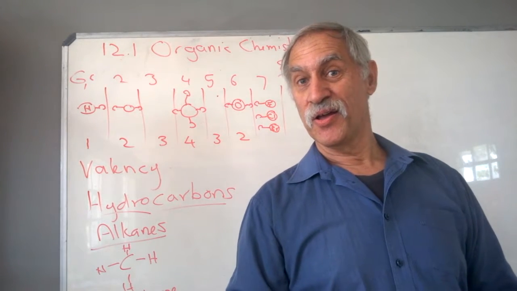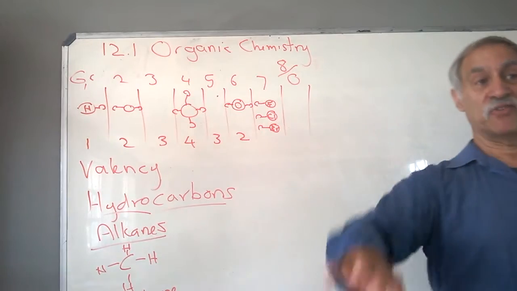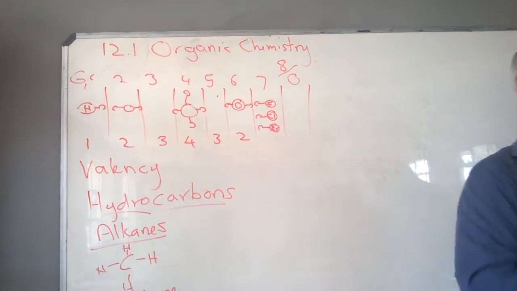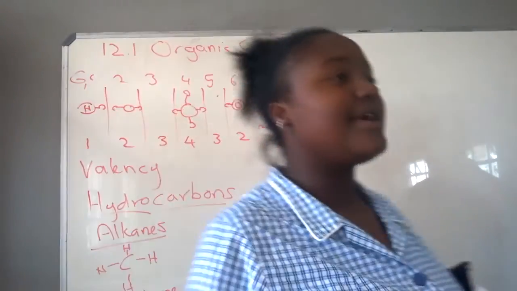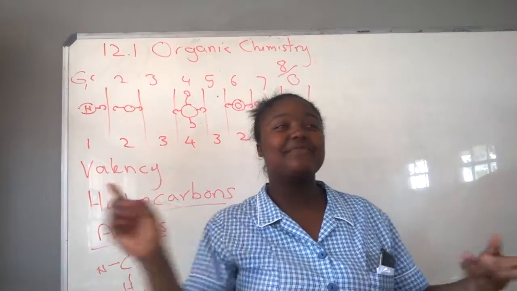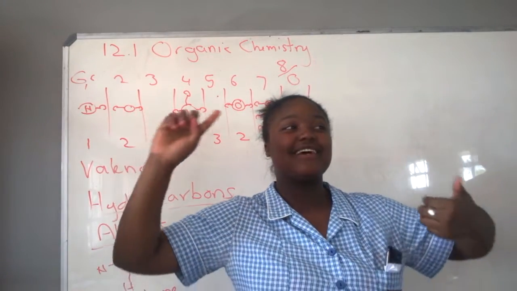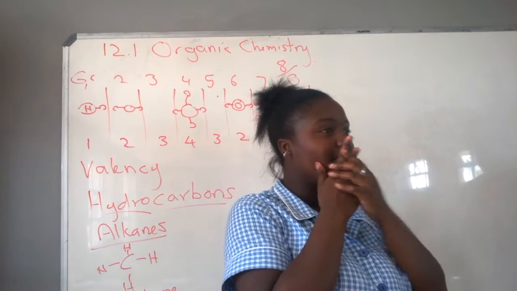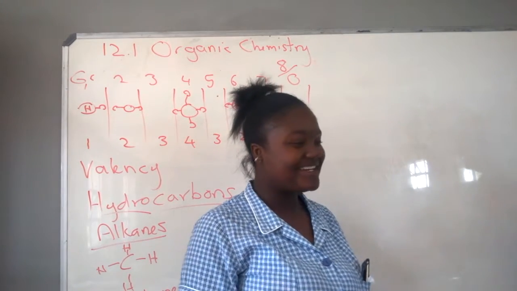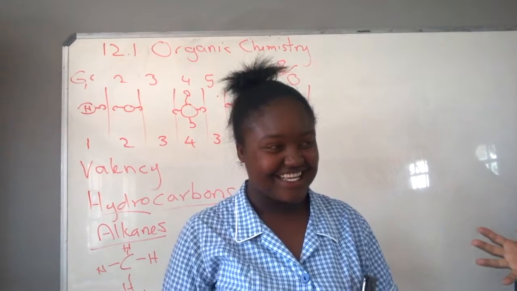Do you want to come up here and just give it a go? We salute all bravery. Okay, just give it a go, the rhyme we asked you to learn for home. Methane, ethane, propane, butane, heptane, hexane, octane, there is one missing. Pentane.